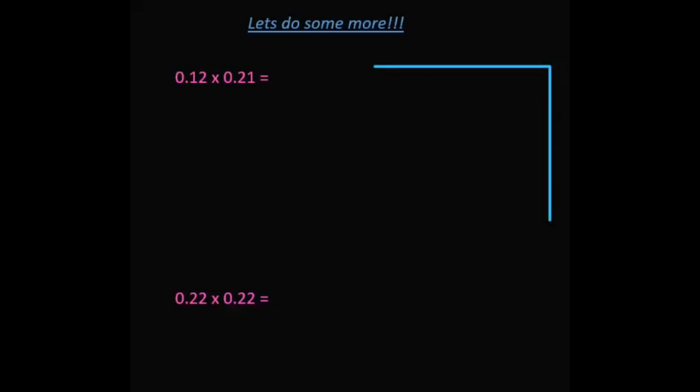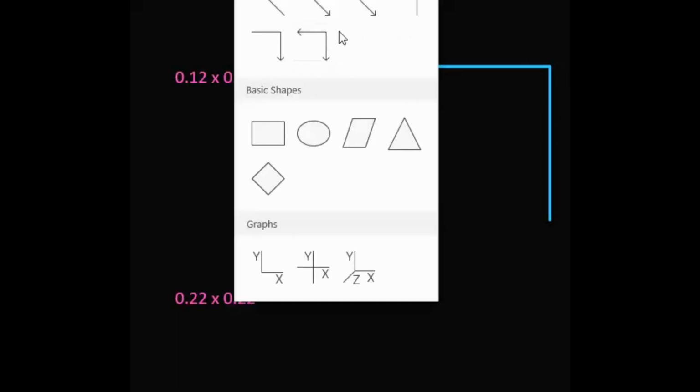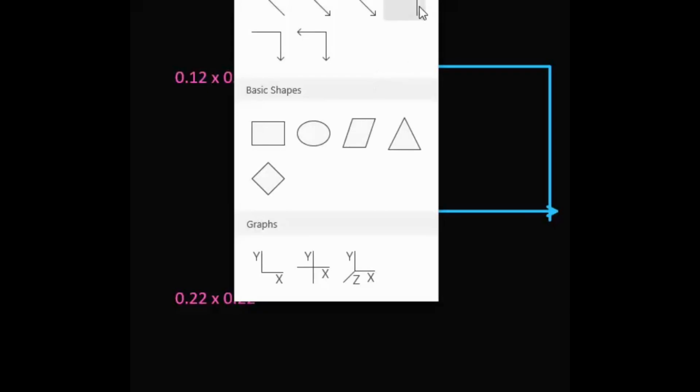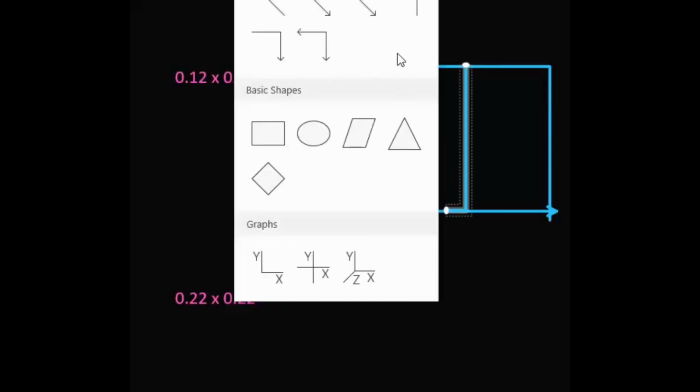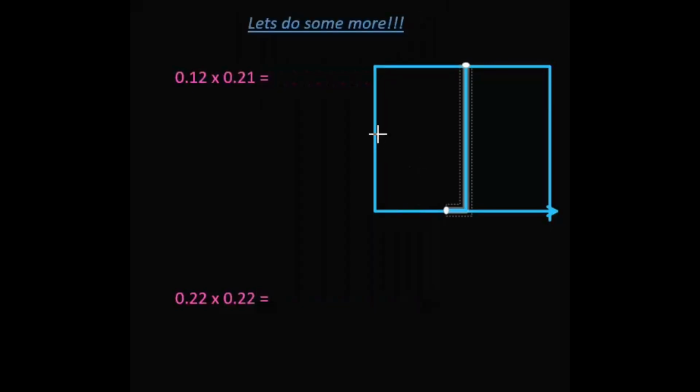And then let's draw the bottom part. Okay, so now that we have the background of our area model, let's draw those lines in the middle. One line just going right there, and then we're going to need another line going right here.